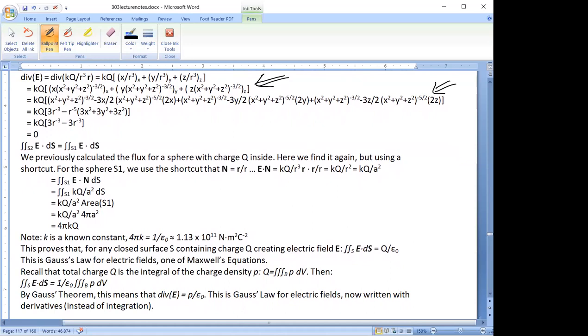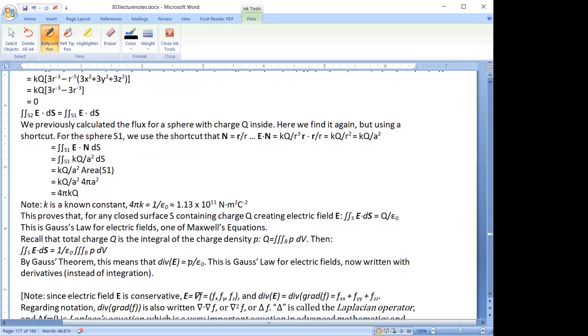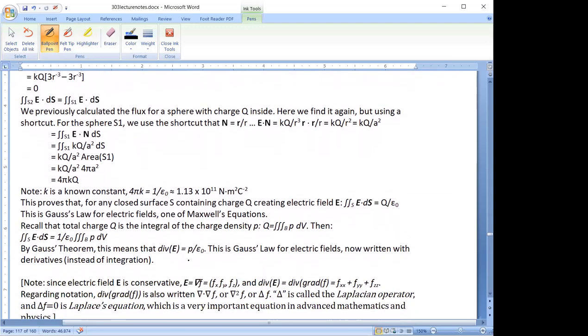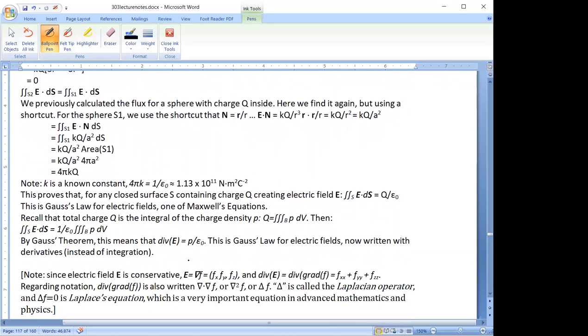Okay, one final comment. We've previously shown that the electric field E is conservative, which means that it's the gradient of some function f. So it can be written as f_x, comma f_y, comma f_z. Now remember what divergence is.